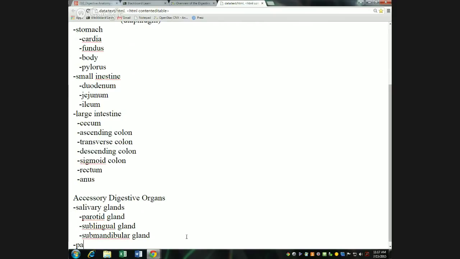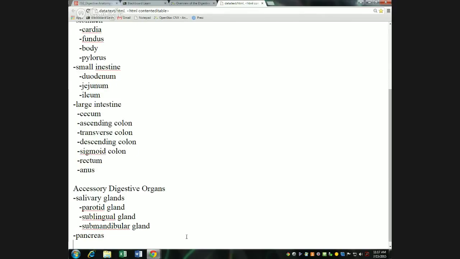And then there's the pancreas, which secretes digestive enzymes into the small intestine, as well as bicarbonate to help neutralize stomach acid. And then there's the liver/gallbladder.